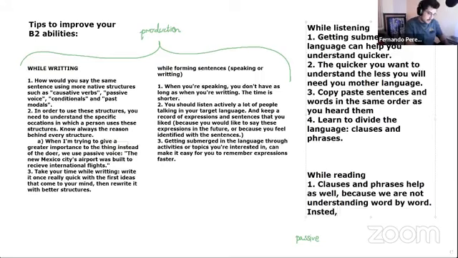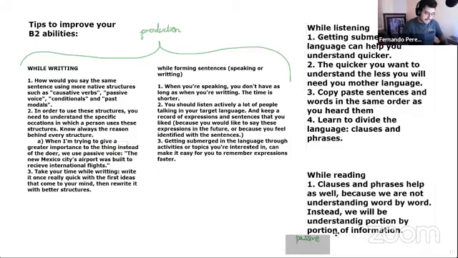Instead, we will be understanding portion by portion of information. These abilities are the passive abilities in English. And the other two are production abilities, or active.